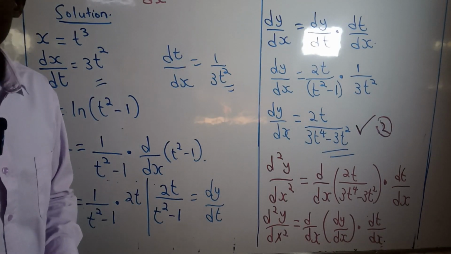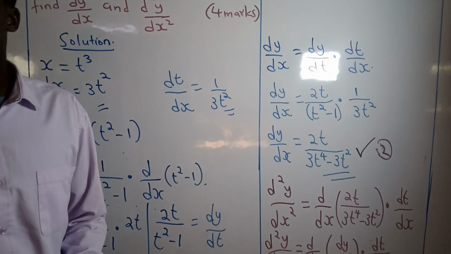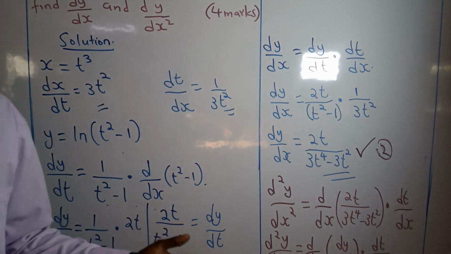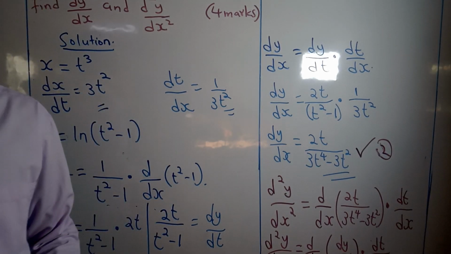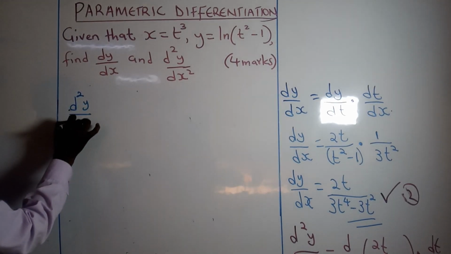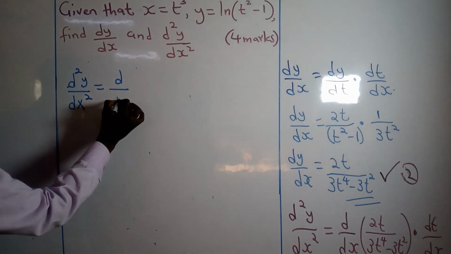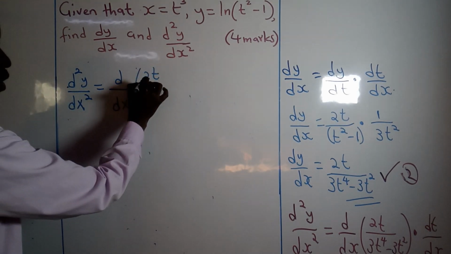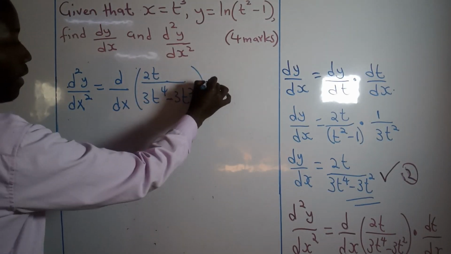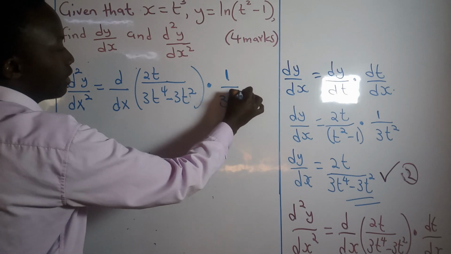And for us to continue this question, we are going to proceed at this particular part. d squared y over dx squared is equal to d over dx of 2t over 3t to the power 4 minus 3t squared, then multiply by dt over dx, which was 1 over 3t squared.